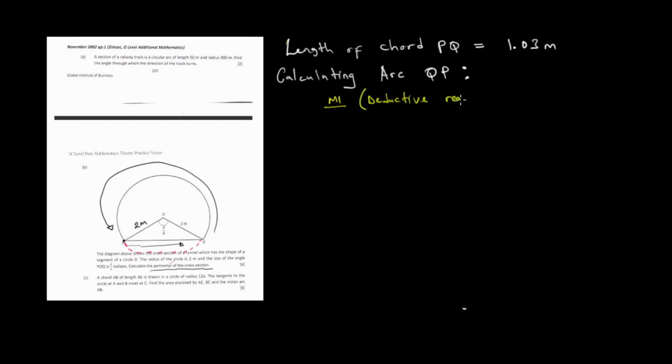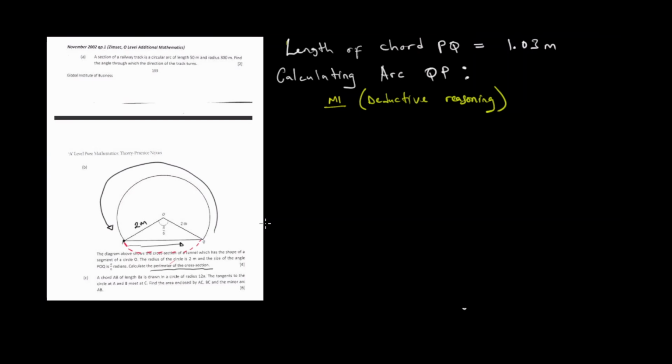Deductive reasoning is that you are eliminating something. Like here we are looking for the small arc but what we want is the big one, so we say the perimeter of the whole circle subtracting the small arc, we take away the small arc from the perimeter of the whole circle, and we must remain with the big arc. Deductive reasoning. So let us see if it works.